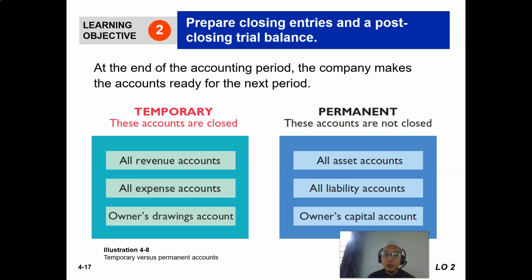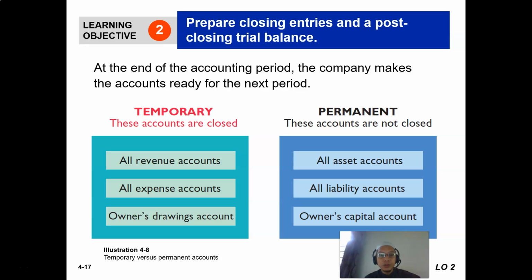They will look into their performance based on time periods, either monthly, quarterly, or yearly. Because their accounts should show the performance based on period, when one period ends, they need to start afresh with fresh accounts.